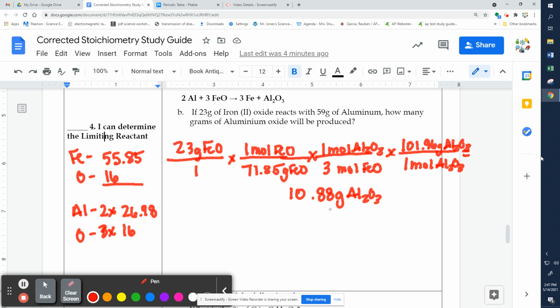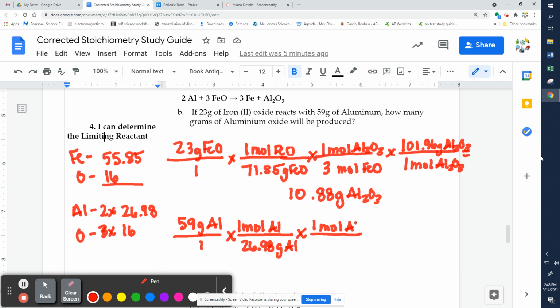And for our second step, we're going to start with 59 grams of aluminum. Aluminum's molar mass is simply 26.98. On top, we have 1 mole of aluminum. For our molar mass, we are still going to Al2O3 or aluminum oxide, so that stays the same. 1 mole. On the bottom here, we have a 2 in front of our aluminum, so this is 2 moles.